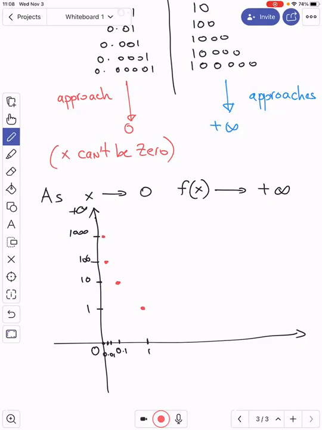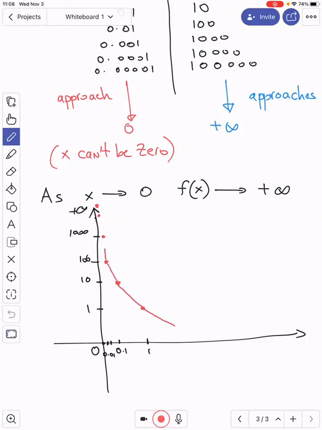As you get close to 0, the values of f are going to go up, like 1000, 10,000, 100,000, etc. You're going to be very close to the y-axis.